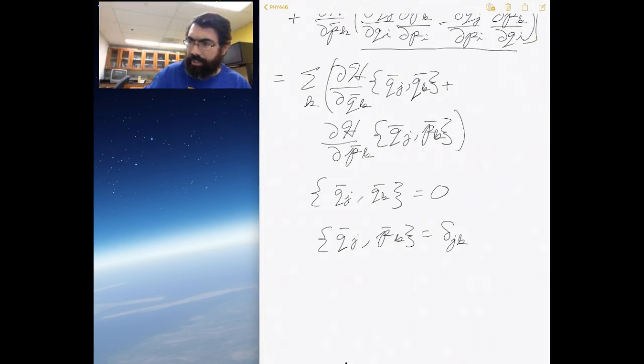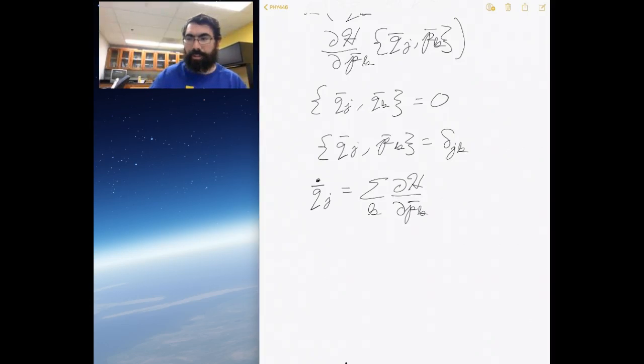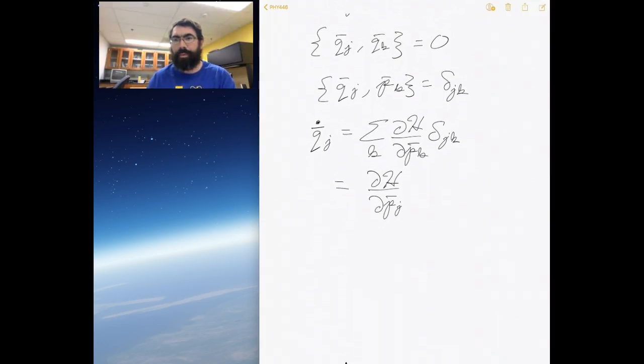So that means I can now write the velocity in the barred system, sub j, is equal to the sum over the components k times the derivative of the Hamiltonian with respect to the momentum in the barred system times the Kronecker delta, jk, which basically leaves me with the derivative of the Hamiltonian with respect to the momentum in the barred system, which is one of Hamilton's relations.